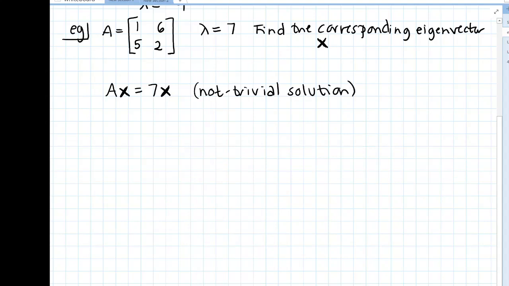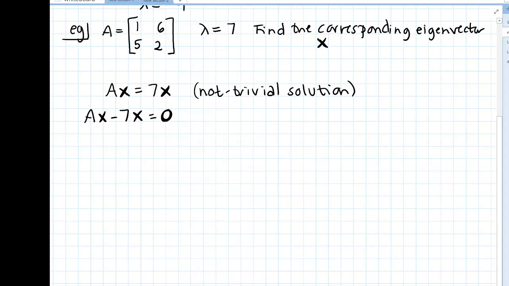Okay, so how are we going to tackle this? As it is, this isn't a style of equation that we've seen how to solve, but we can rewrite it and turn it into something that we are very familiar with. So if we subtract the 7x to the other side, that means we have a matrix times x minus the number 7 times that vector x is equal to the 0 vector.